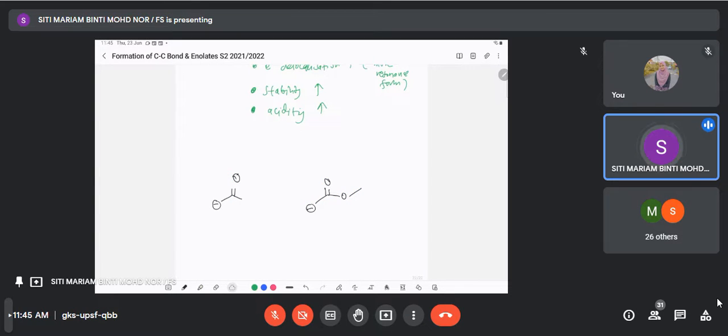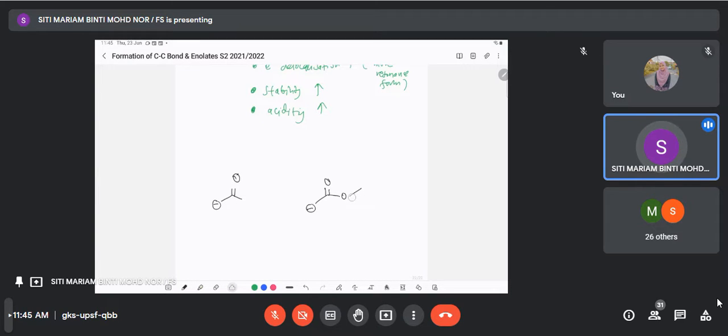Now what do you see? The left structure has a negative charge, single, double, so of course you can see a conjugated system there. The right structure also has a negative charge, single, double, a conjugated system there. But if you compare these two structures, the right fragment of the left structure is only a methyl group.